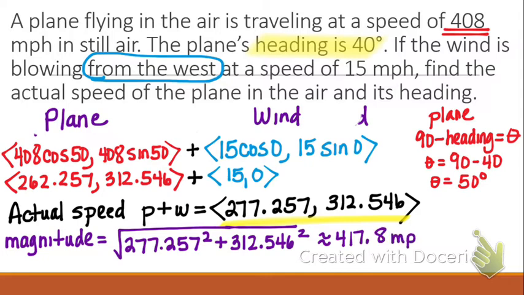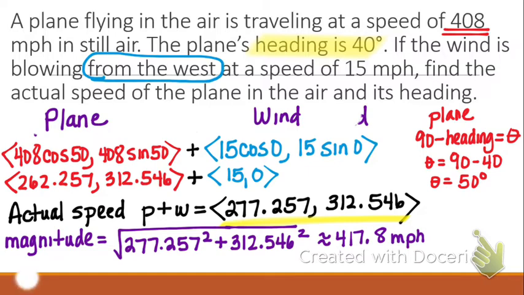All right, good. So now we are going to find our heading, but first we need to find the direction. So this question is asking us for the heading. So what we're going to do first is find the direction.